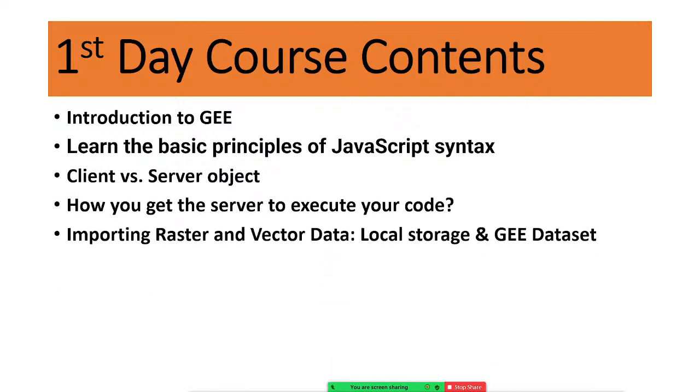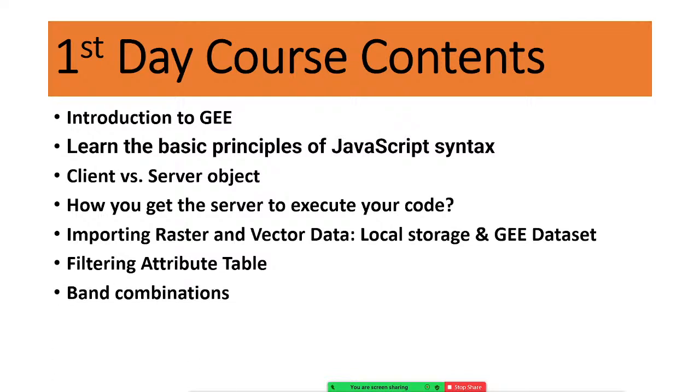Then importing raster and vector data from the local storage as well as the Google Earth Engine dataset. We also discuss this topic. Then filtering the attribute table, how you can easily filter the attribute table. And then we also discuss the different types of band combination, how you can generate the band combination in the Google Earth Engine platform.